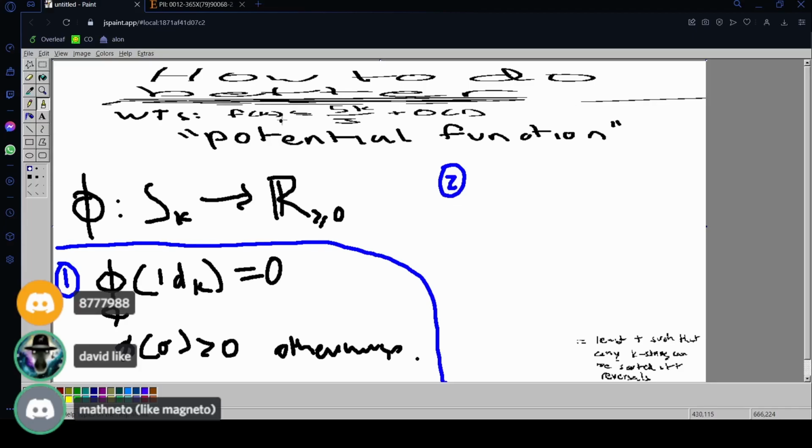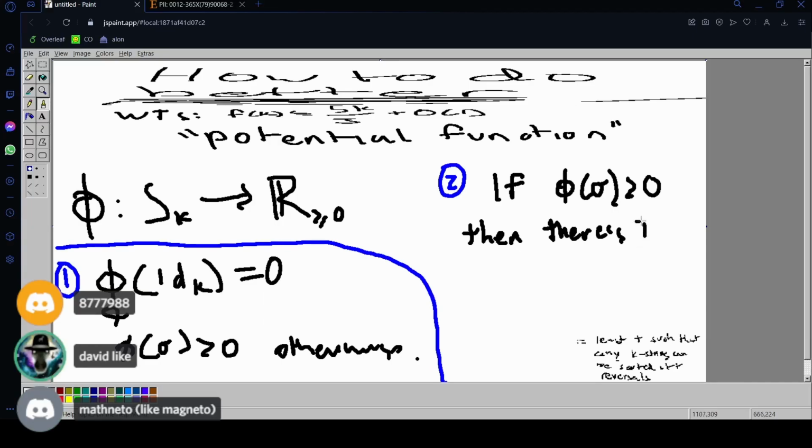Basically, if phi of sigma, so if we're not the identity, then there's a tau such that the potential of tau is less than the potential of sigma.